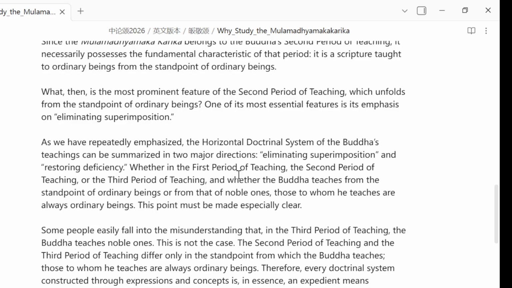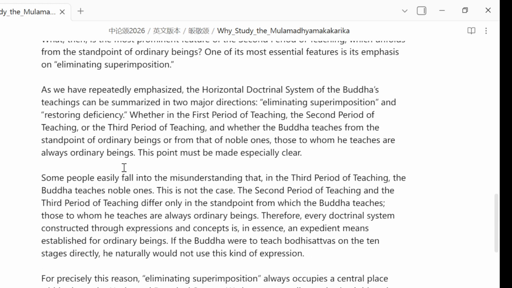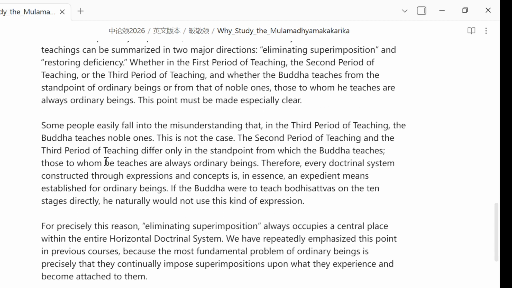Whether in the first pillar of teaching, the second pillar of teaching, or the third pillar of teaching, and whether the Buddha teaches from the standpoint of ordinary beings or from that of noble ones, those to whom we teach are always ordinary beings. This point must be made especially clear.